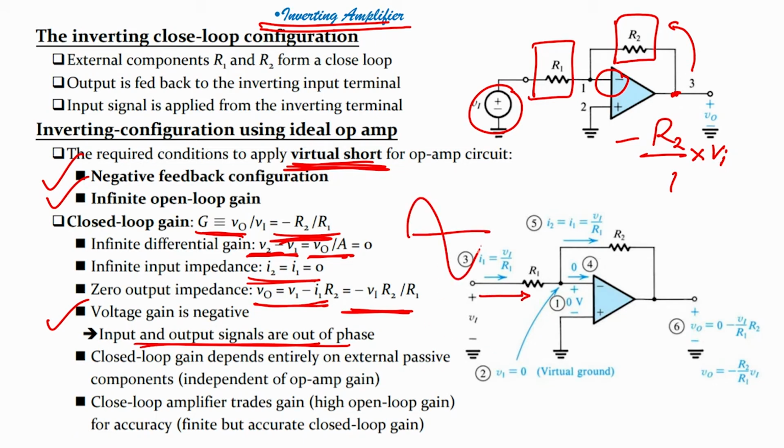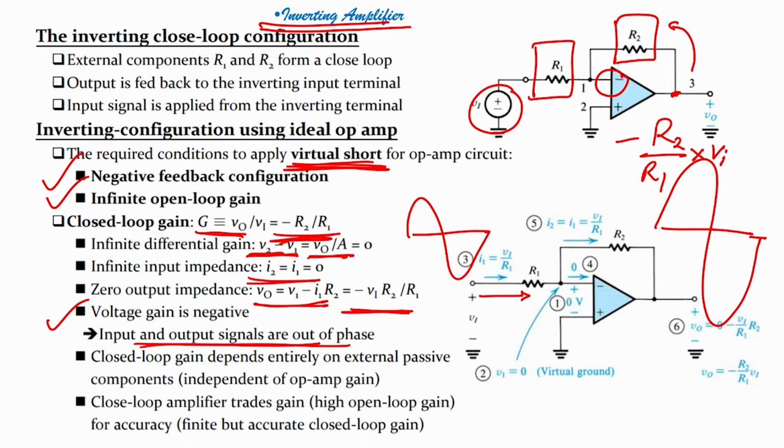If the input is a signal like this, the output will be an amplified version of the input, and that amplification depends on the value of R2 by R1. But is it in phase or out of phase?